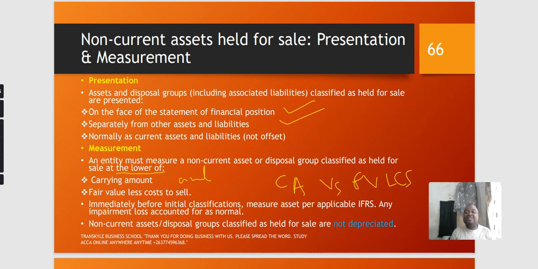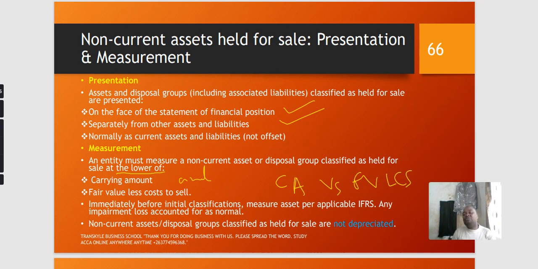For example, we might be dealing with an asset measured in terms of IAS 40 investment properties, where we have the cost model or the fair value model, or an asset measured in terms of IFRS 9, or an asset measured in terms of IAS 16, property, plant, and equipment.